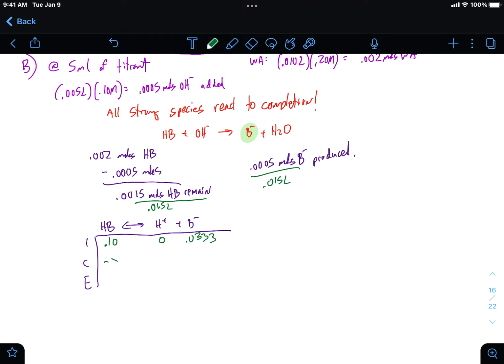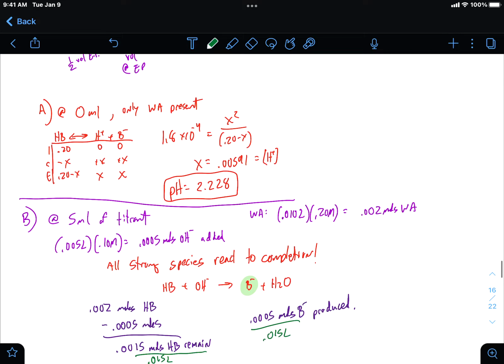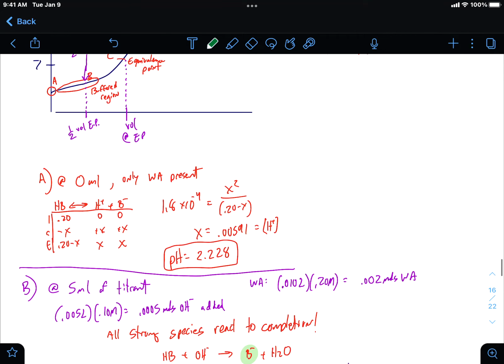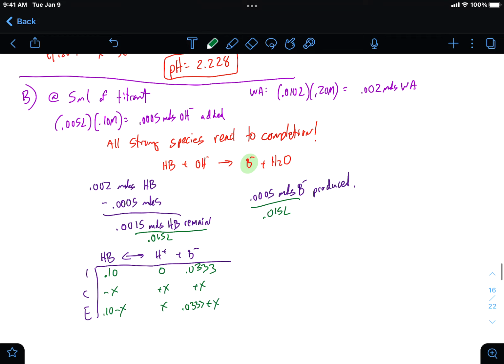So, continuing on with how you fill out an ice table. What was our Ka? 1.8 times 10 to the minus 4.